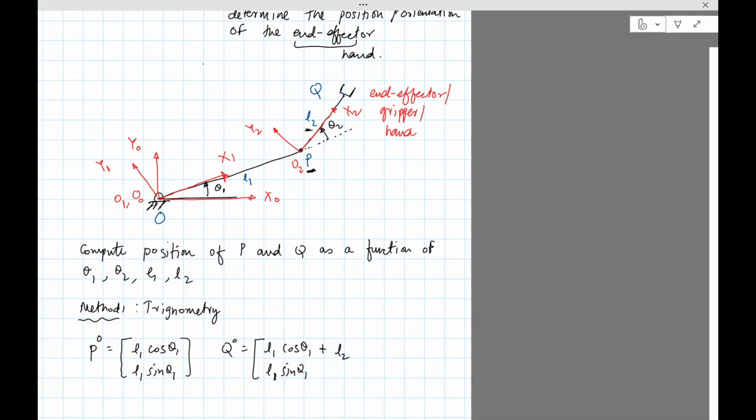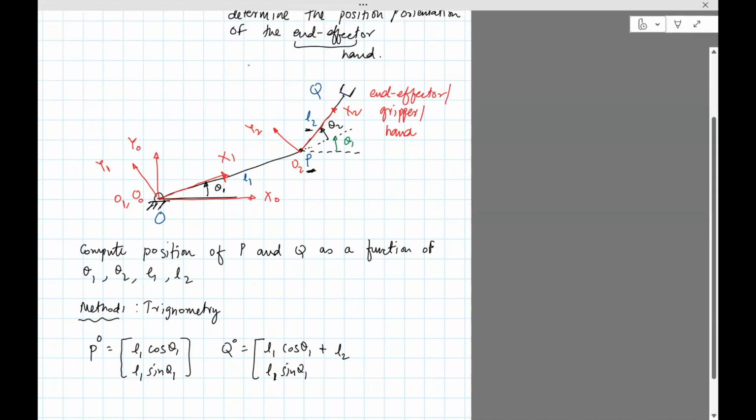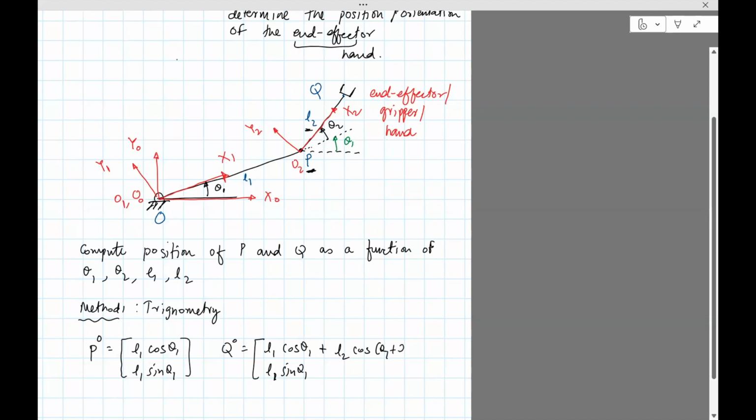And now I also need this angle, which is the angle made with the x-axis or x0 axis. So it's going to be theta 1 plus theta 2. So we'll have L2 cosine theta 1 plus theta 2 plus L2. Yeah, and that's clearly the answer for the position of points P and Q as a function of thetas and lengths.